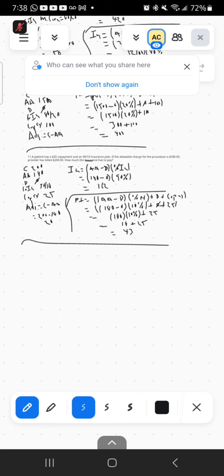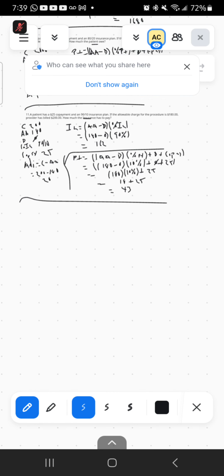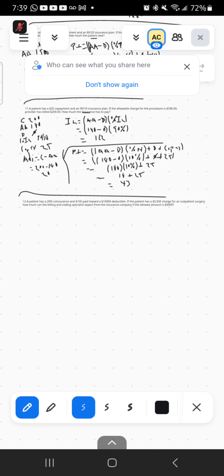Let's do number 12. Question that has to do with numbers.